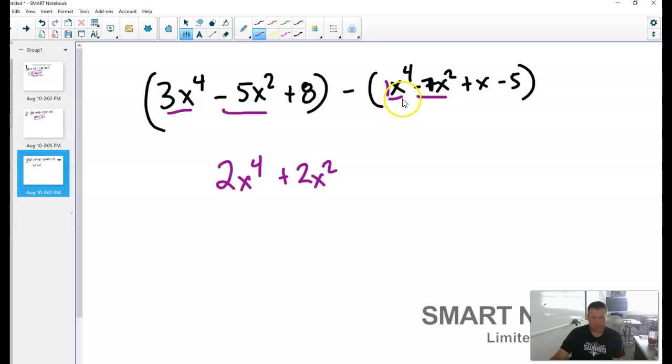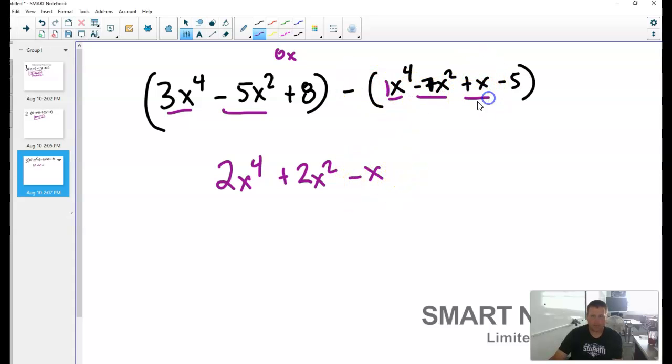Here's the next common error. I've got 8, but I also have this x here. Now this x cannot combine with anything in this left-hand one. But you can't forget that this is a minus, so it's actually 0x, because there's 0 x's over here. And I'm subtracting an x, which 0 minus 1 gives you negative 1. So don't forget that a little bit.